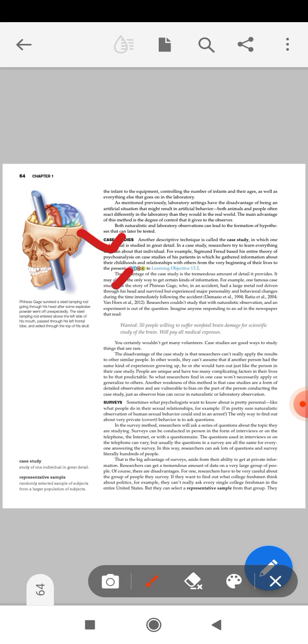What are the advantages of this type of study? The advantage is the detailed amount of data it provides. Case studies provide one of the largest types of data which we want in our study.